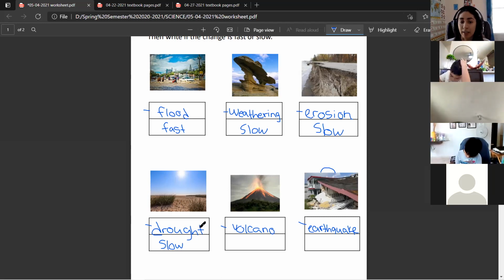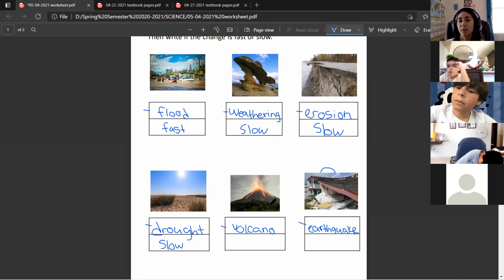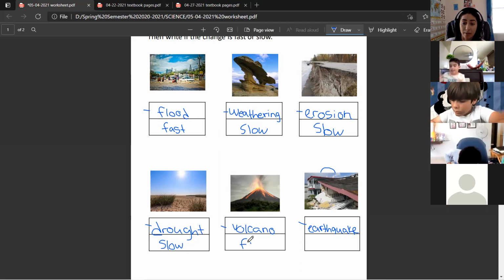It takes time. What about the eruption of a volcano? Is this fast or slow? Fast. That's a fast change.